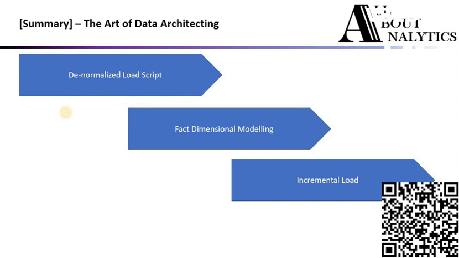It's just how comfortable you feel with these concepts here. And of course, this is just part of my sharing from my past experience. I have gone through the pain of using the normalized load script, whereby when there are new requirements, I have to revisit all the ETL layers, which consumes a lot of time, right?